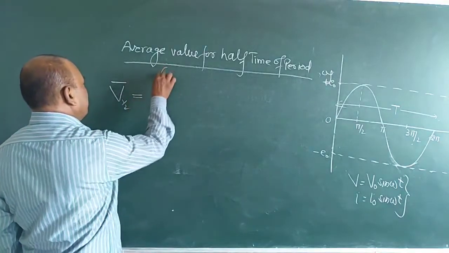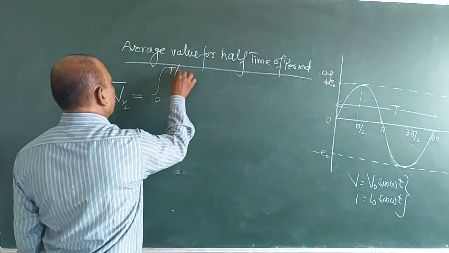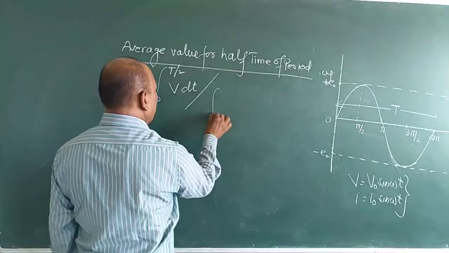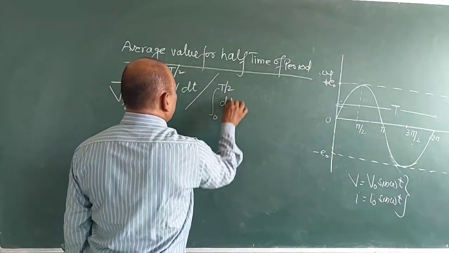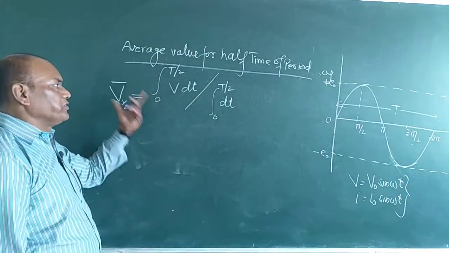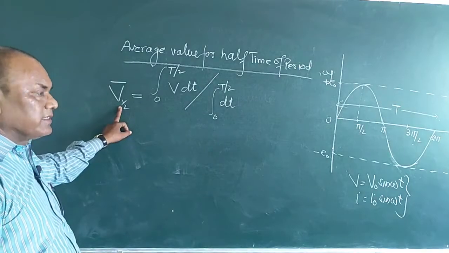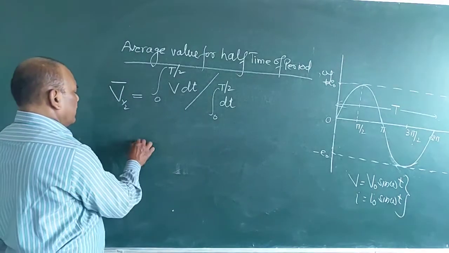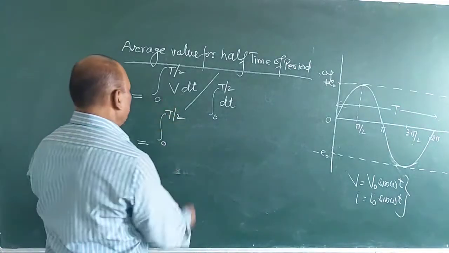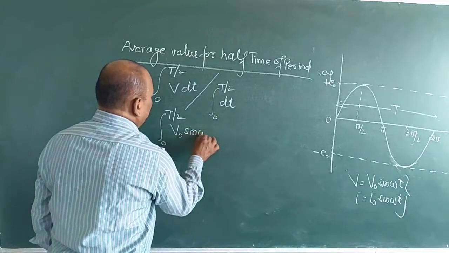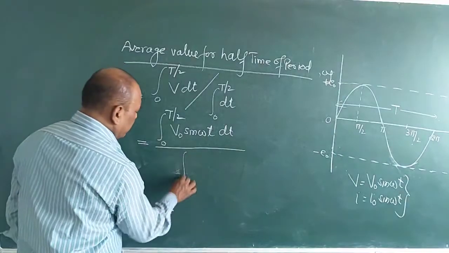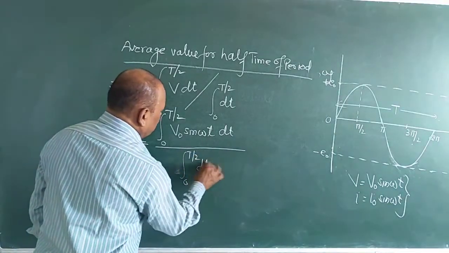It will be integral of 0 to T by 2 v dt divided by integral of 0 to T by 2 dt. This is the formula by which we may calculate the average value of alternating voltage in half rotation. Now here, integral of 0 to T by 2, v is V0 sin omega t dt, divided by integral of 0 to T by 2 dt.